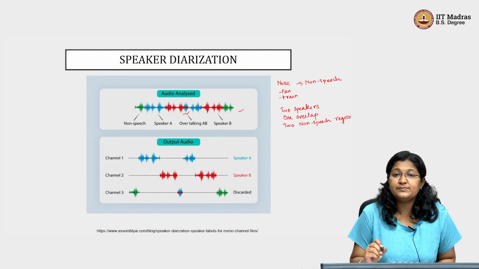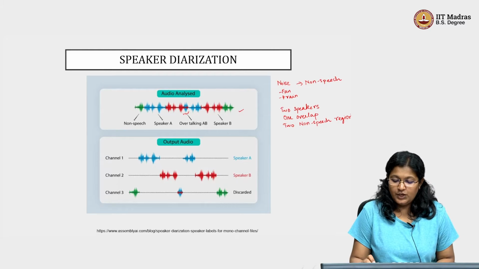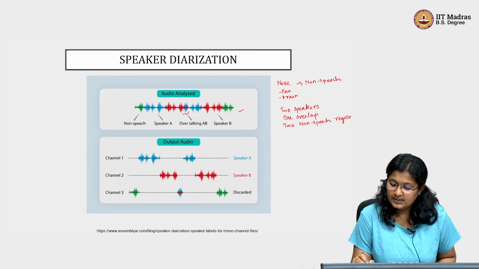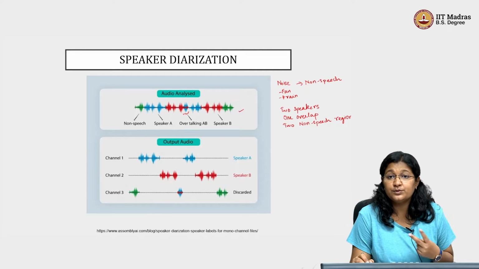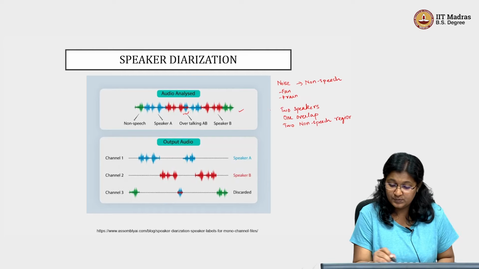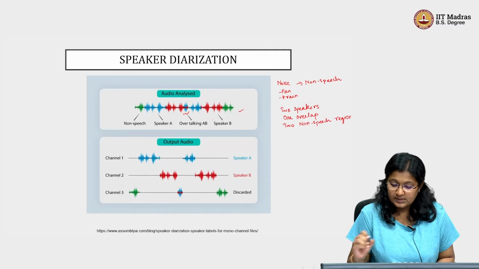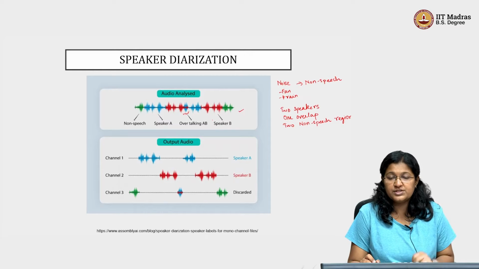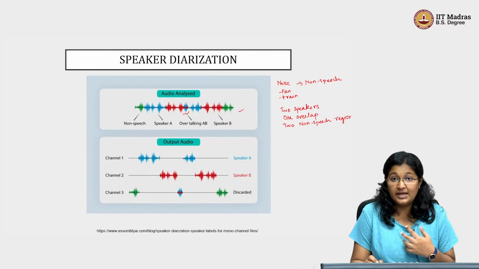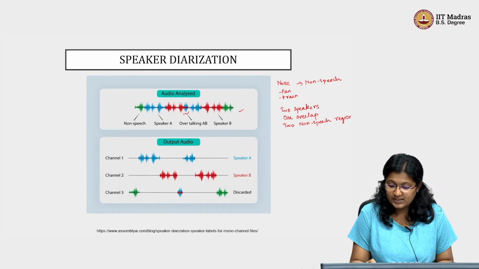Now the job of a speaker diarization system is to first split the data or split the audio corresponding to the two speakers. So we have two speakers in this audio, speaker A and speaker B. So the speaker diarization system should give you two outputs, one corresponding to what speaker A spoke and one corresponding to what speaker B spoke.